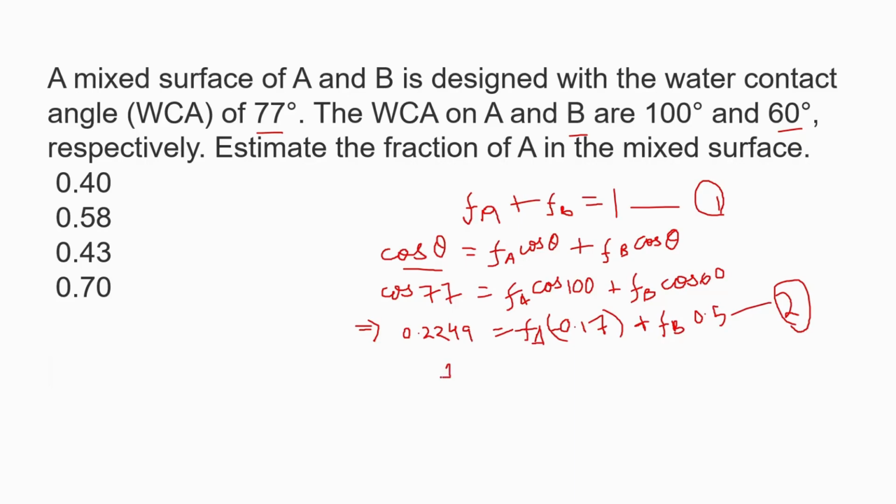That gives 0.5 equals FA into 0.5 plus FB into 0.5.